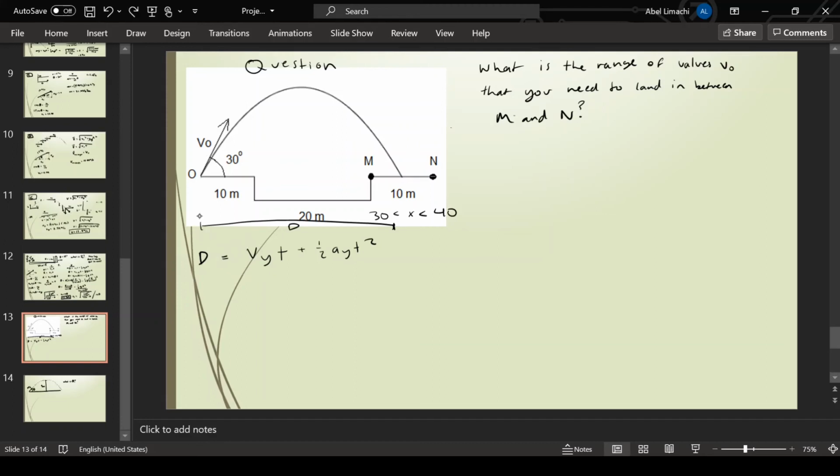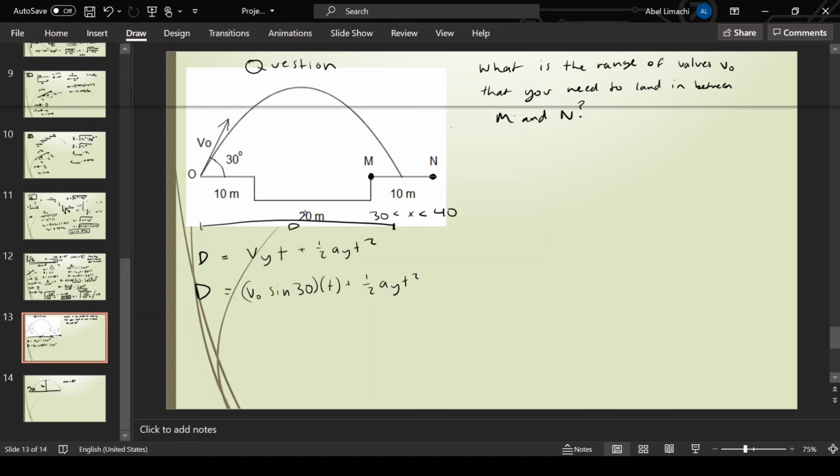We know that Vy can be rewritten as V0 sine of 30 times T plus 1/2 ay T squared equals D. Oh, this is my bad, I'm sorry.